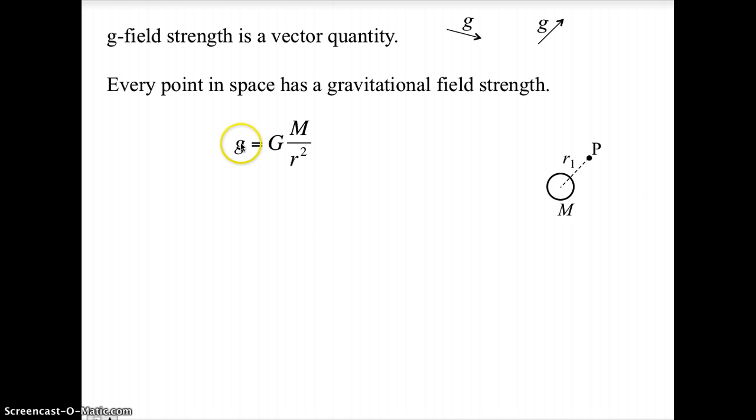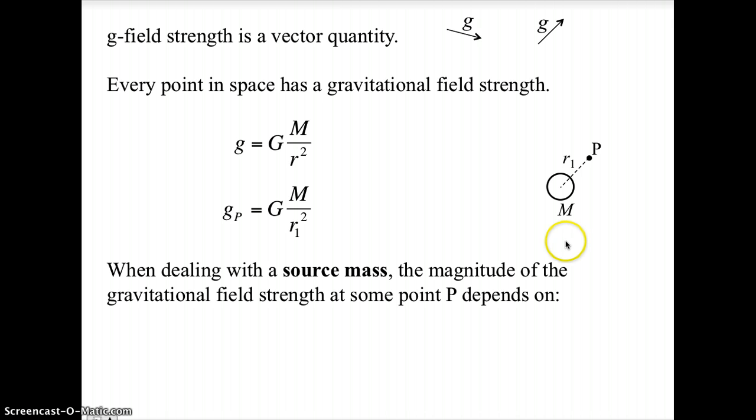So the gravitational field strength is calculated using the same universal constant, big G, times the mass of the source, big M, divided by r squared, where r is the distance from the center of my source mass to the point that I'm looking at. So in this example, the gravitational field strength at P in my picture, this point P here, is equal to big G times m, the mass, divided by r1 squared, since r1 is the distance from the center of the source mass to the point.